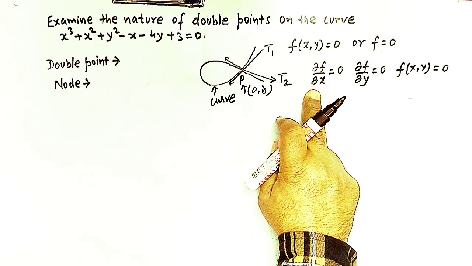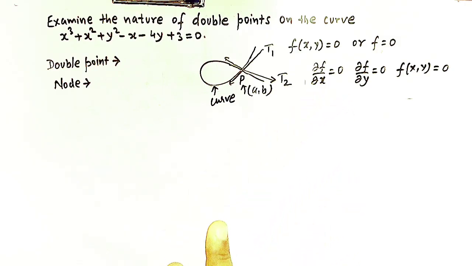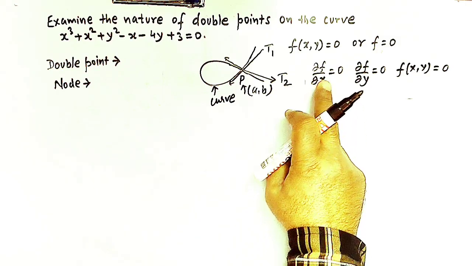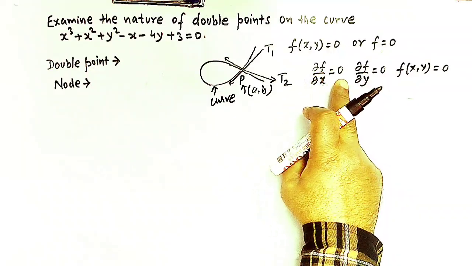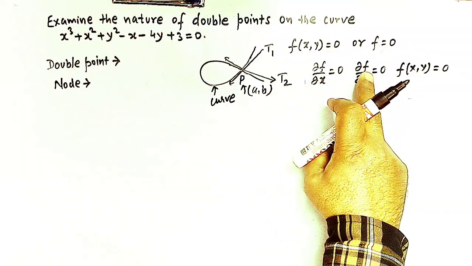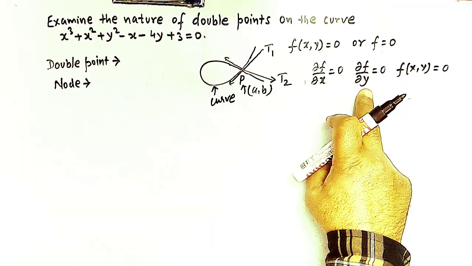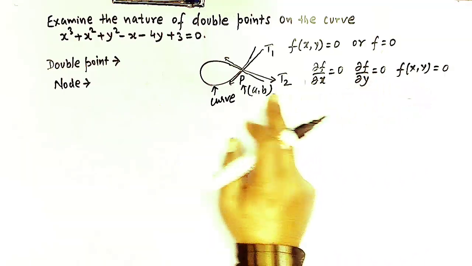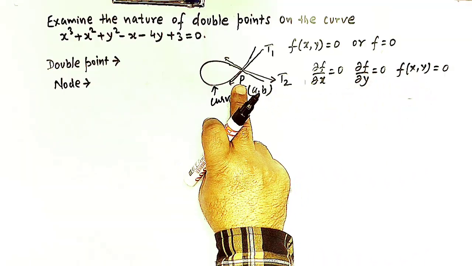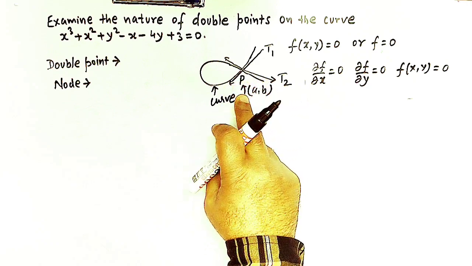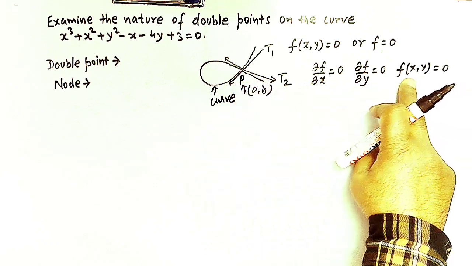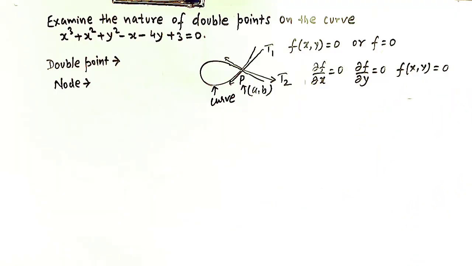So the necessary condition for having a double point is that the partial derivative of f with respect to x is equal to 0, the partial derivative of f with respect to y is equal to 0, and this point P, that is the coordinates say x comma y, must satisfy the equation of the given curve, right?